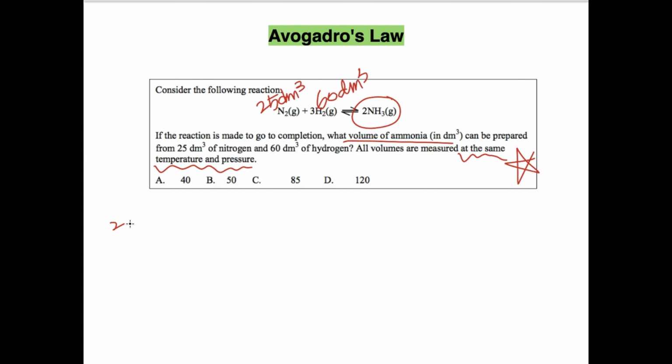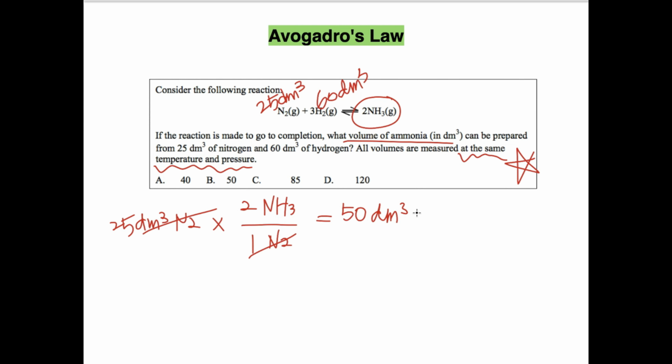So 25 decimeter cube of nitrogen follows a 1:2 ratio with ammonia. So we'll cancel out, and we can see that nitrogen will produce 50 decimeter cube of ammonia. How about hydrogen? 60 decimeter cube of hydrogen follows a 3:2 ratio.